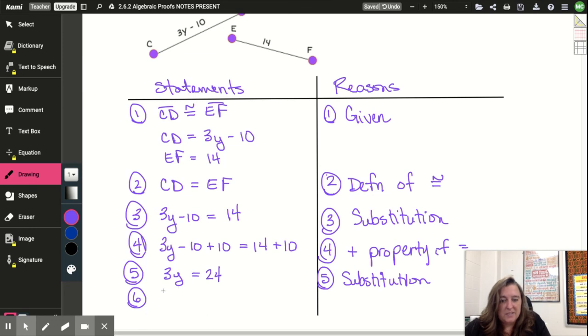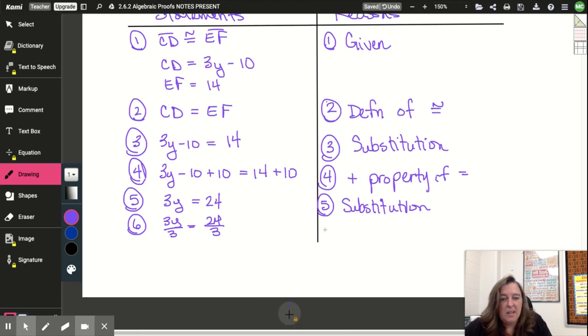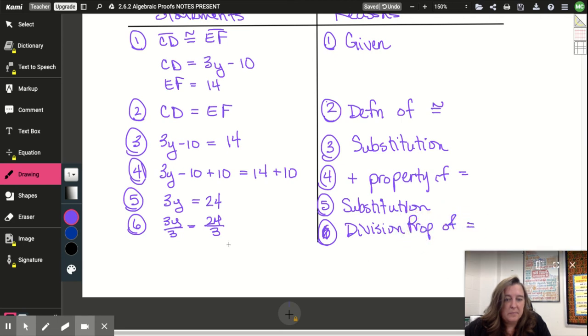After that, my next step for solving would be to divide both sides by 3. And I can do that because of the, oops, that's supposed to be a 6. Because of the division property. And then lastly, see, I didn't even make it long enough, so I'm just going to extend it.